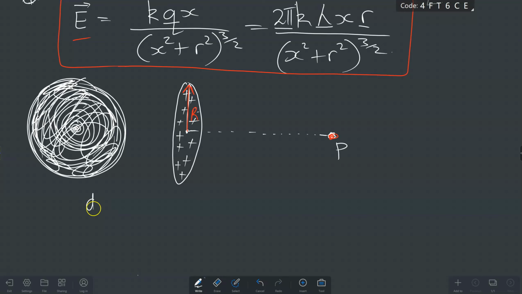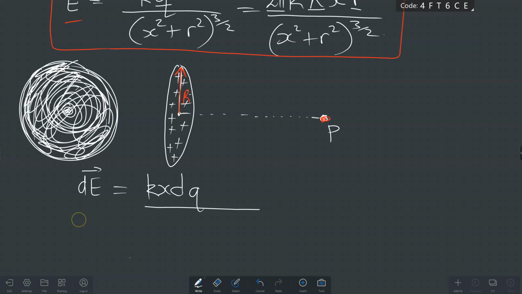So that becomes our dE, and it's equal to K x dq over x squared plus r squared to the power 3 over 2.